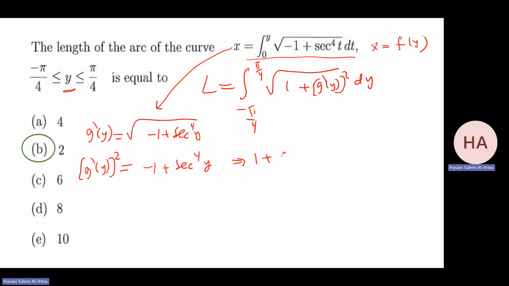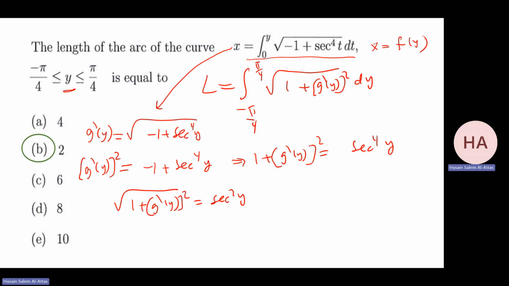I need 1 plus g prime of y square. That gives me secant to the power 4 of y. I need the square root 1 plus g prime of y square. That gives me secant square y.